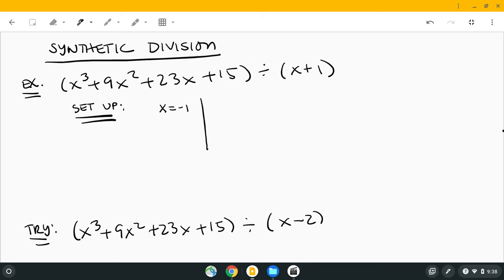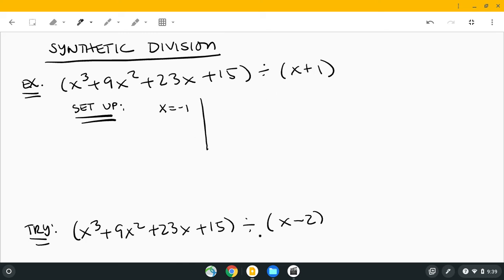I'm hoping you can do that in your head. The solution to this: if you take x plus 1 equals 0, subtract 1 on both sides, you get x equals -1. But I'm hoping you can do this in your head. You don't have to do the work there. So that's what goes here on the left side of this line, the solution to that binomial.